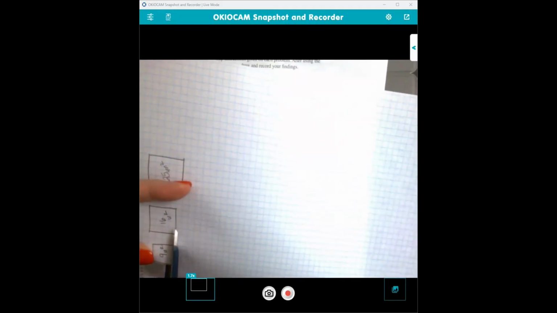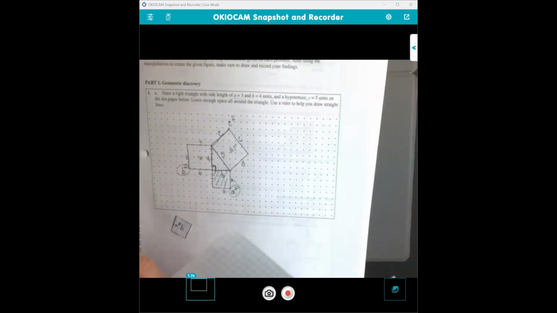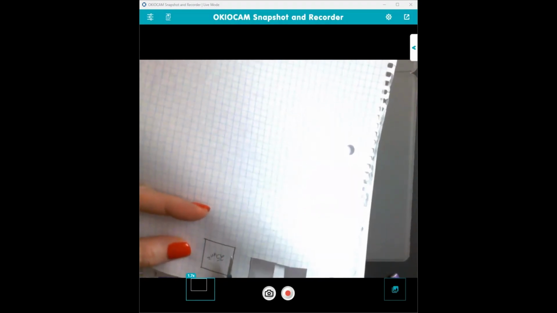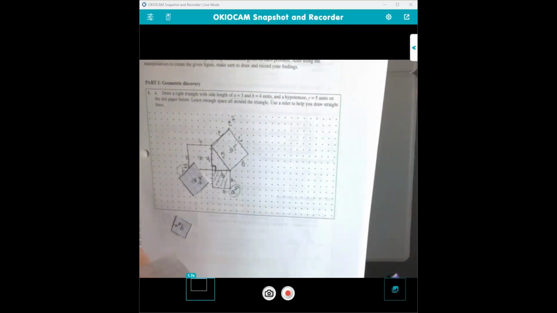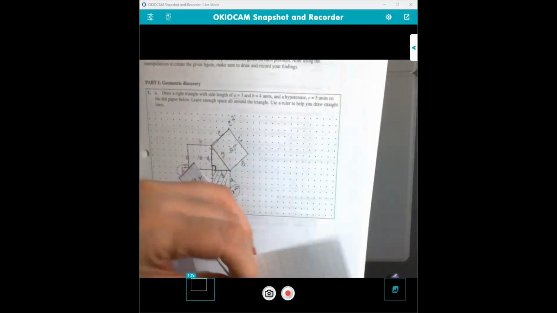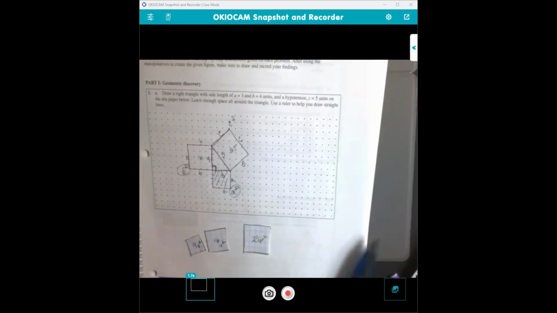This is a good activity for your students also to come up with the Pythagorean theorem. Okay, so that is my 3 pieces, right?